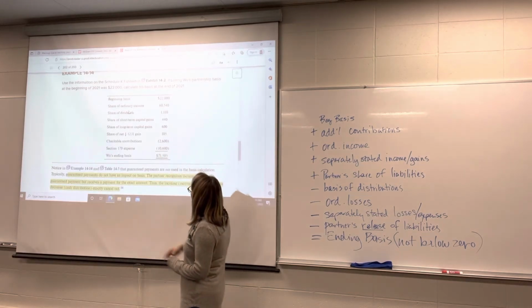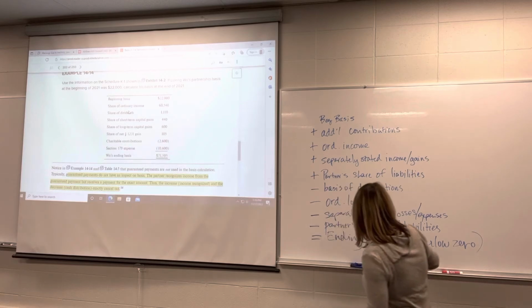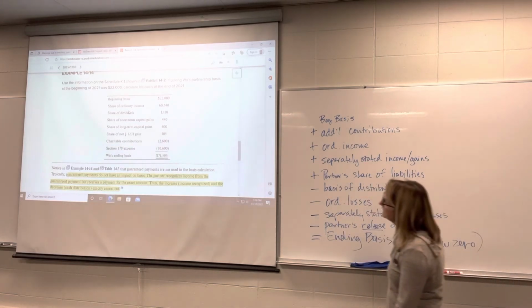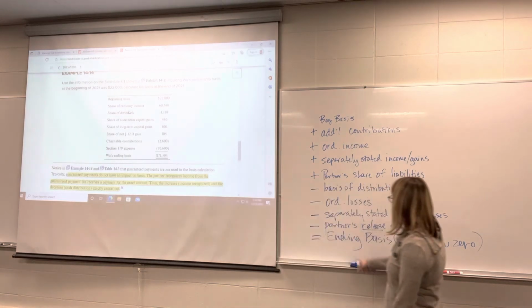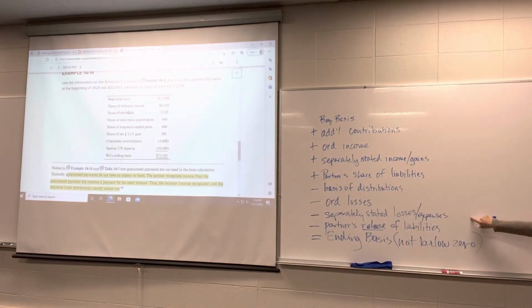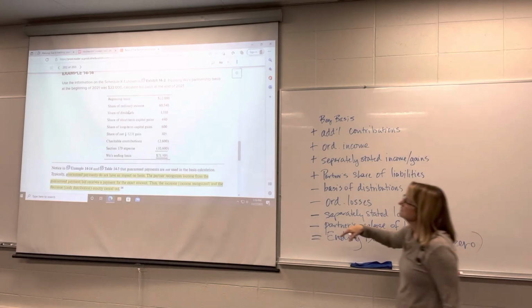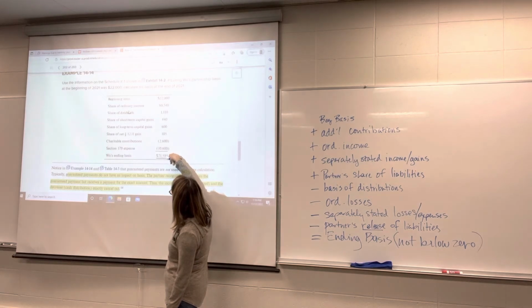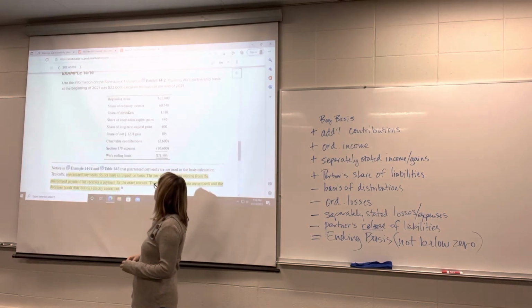So $2,600, that's a separately stated expense. Section 179 expense, that's a separately stated expense as well. So ending balance, with all of that in mind, $71,595.